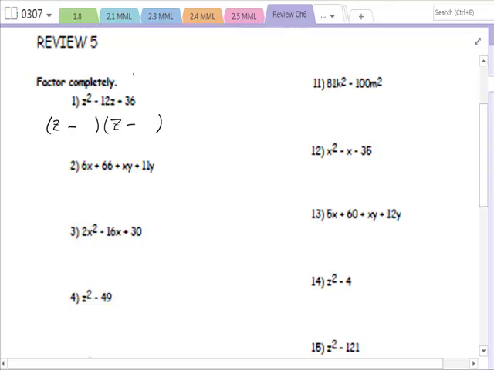Now, I need factors of 36. They need to multiply together to be 36, then they need to add together to be 12. So to get a 36, I have 1 times 36, but those don't add to be 12. 2 goes in there 18 times. Those don't add to be 12. 3 goes in there 12 times.